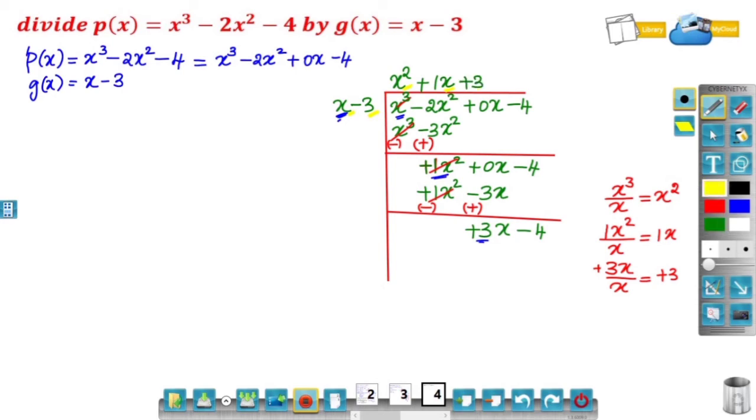Now from plus 3 you have to multiply the terms of the divisor, x and minus 3. Plus 3 into x, that is plus 3x, plus 3 into minus 3, that is minus 9.